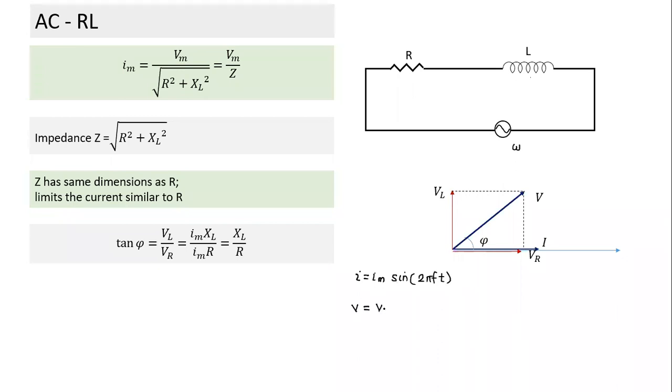Voltage will be equal to Vm sine of omega t plus phi, since the voltage leads. And how are the quantities related? Im is equal to the amplitude of voltage divided by impedance Z, and tan phi is equal to XL by R. So all the terms can be found out. That's an RL circuit.